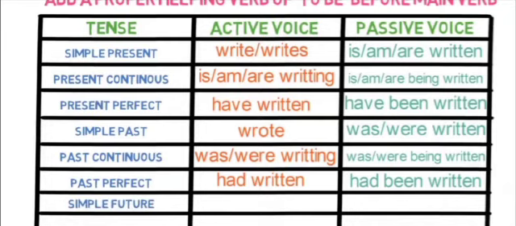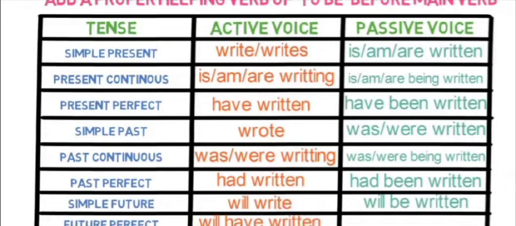In simple future tense, in active voice will write, and in passive voice will be written. Future perfect tense, in active voice we have will have written, whereas in passive voice will have been written.